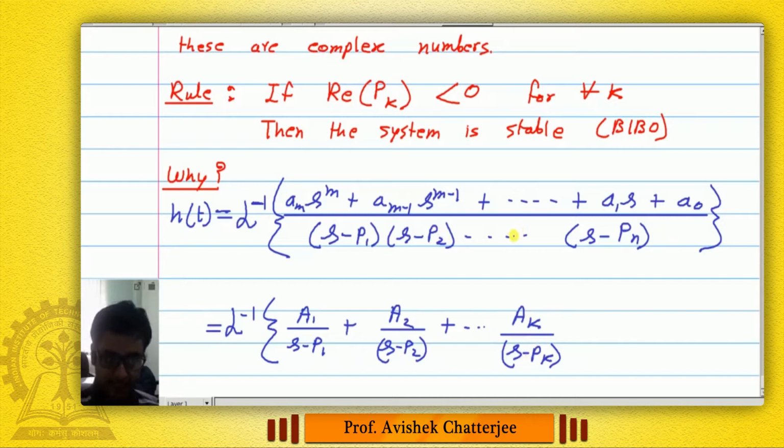If any root is repeated, suppose pk comes 2 times, the same value of p comes 2 times or 3 times, or in general say nk times, then for that we will get a term like this: Ak divided by (s minus pk)^nk, minus 1, plus dot dot dot, and finally something like Bs plus C. Here this numerator is a polynomial with degree nk minus 1, one degree less than this nk, plus so on.